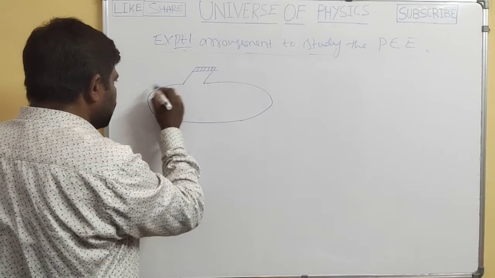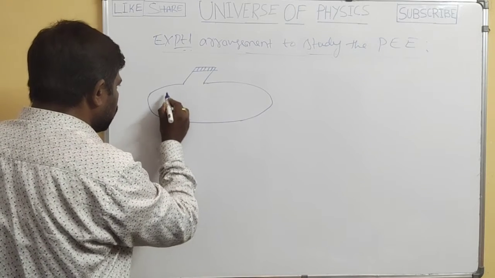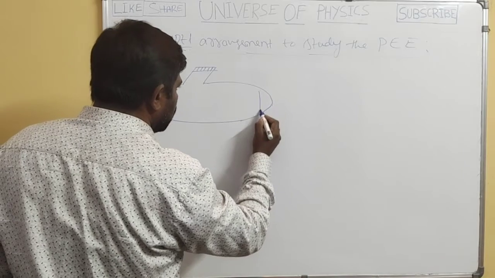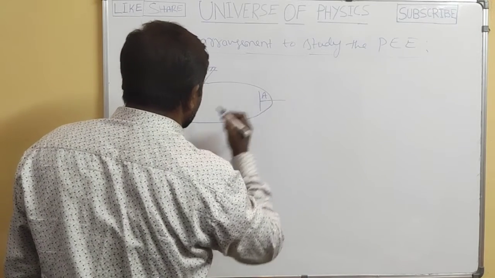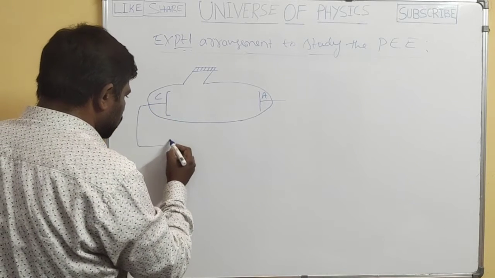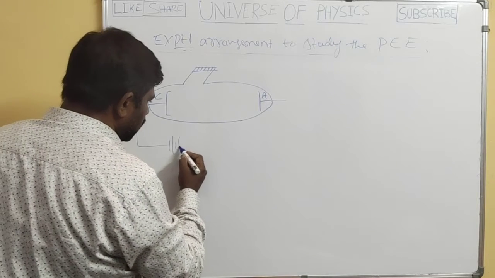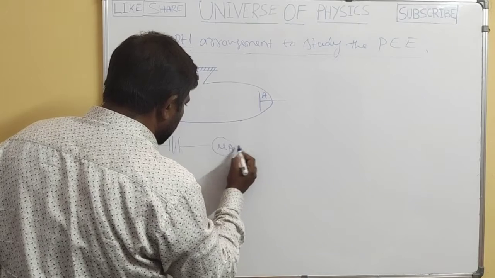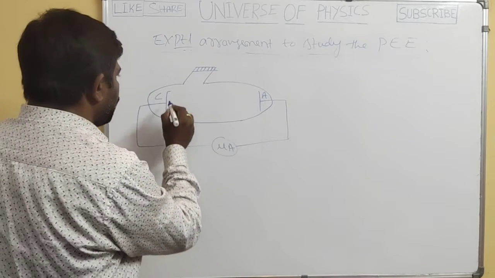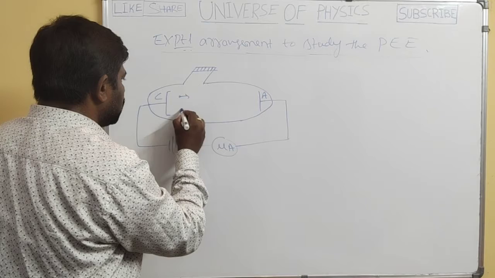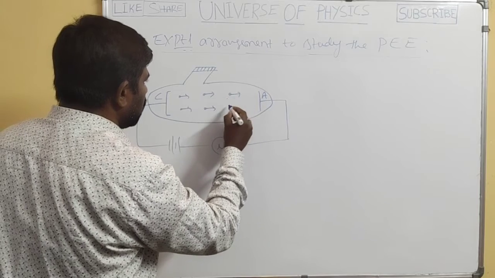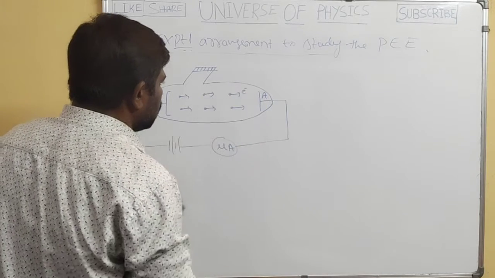This is the photocathode, let it be C, and the anode, that is A. The cathode is connected to a battery, and this is a micrometer or galvanometer, and these are all photoelectrons.